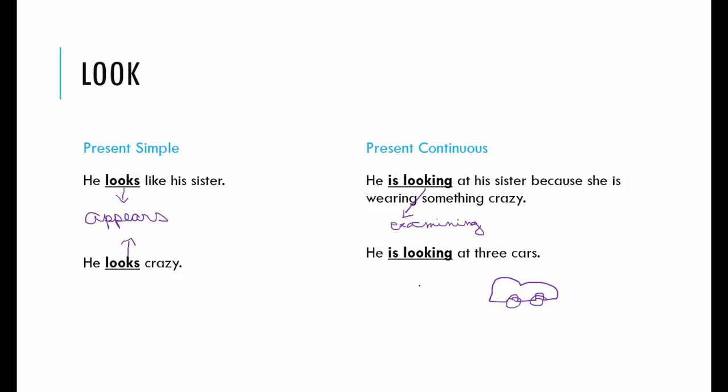I'm just going to draw one. And it's this process of actually looking at the car. He's looking at it, right? Those are my little eyelids there. Right? He's looking at the car.